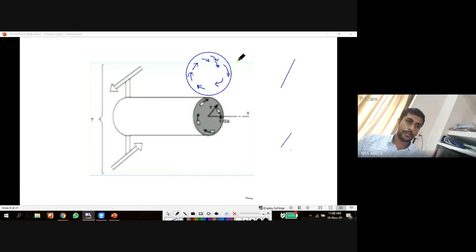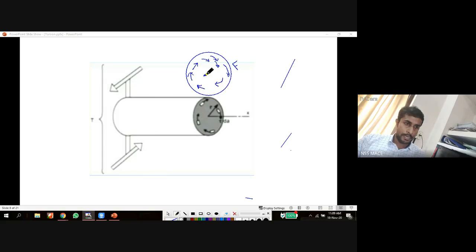Okay, shear force F is developed across a cross section, if you take any cross section of the shaft. And this is the center of the shaft. For example, I am taking this shear force.